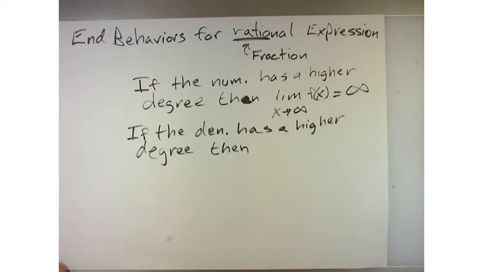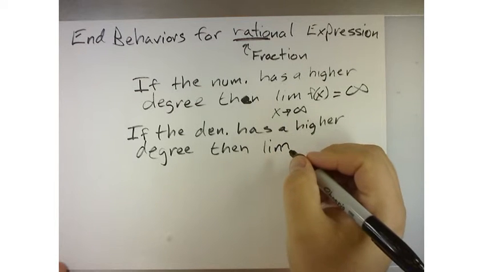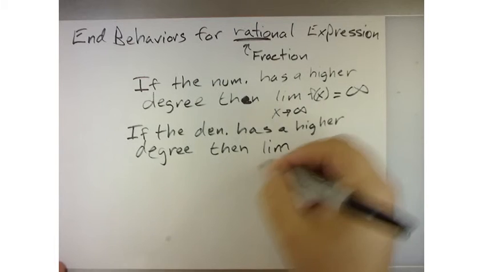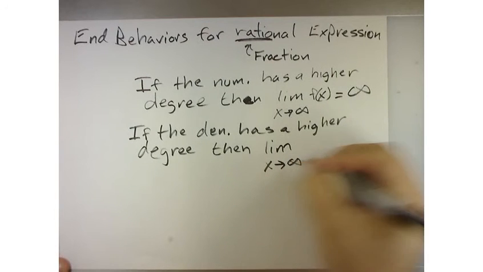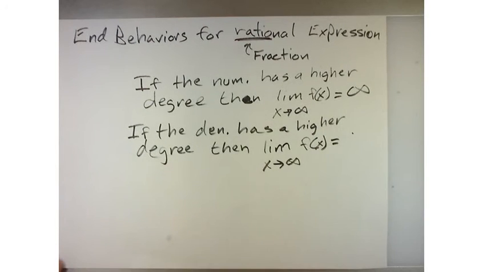And then THAN is referring to a quantitative term. You're comparing, saying one thing is more than another. If the numerator has a higher degree than the denominator.